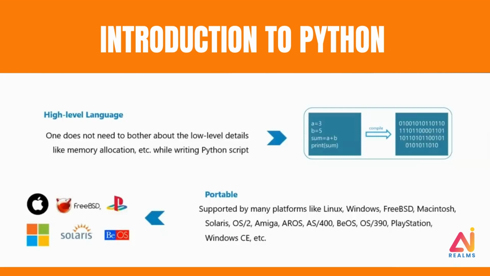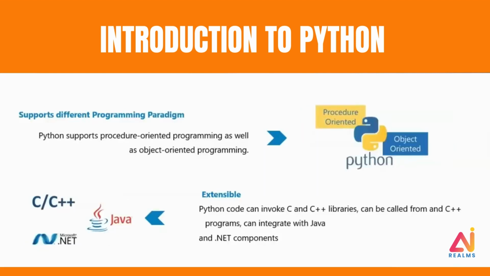Now let me tell you a few features of Python. It's very simple and easy to learn. Like I mentioned, it is one of the easiest programming languages, and it is also free and open source. Apart from that, it is a high-level language, so you don't have to worry about things like memory allocation. It is portable, meaning you can use it on any platform like Linux, Windows, Macintosh, Solaris, and so on.